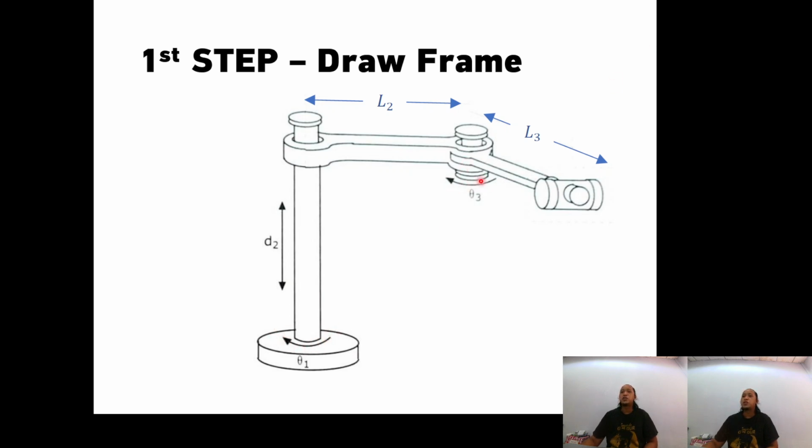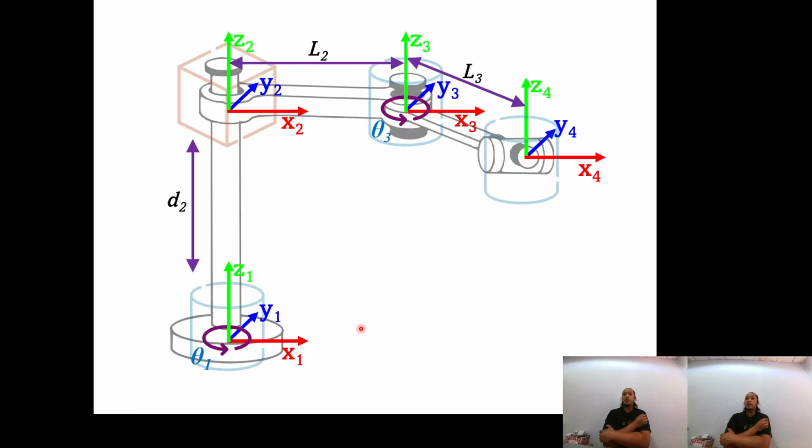This one is also okay. In my case, my frame is going to be like this one. This is the revolute joint with theta 1, this is the prismatic with displacement up and down, the third joint is the same as this one, and this is the end effector.